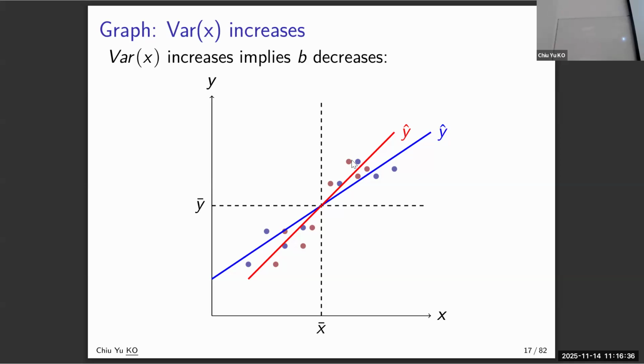So the variance of X is smaller. But the variance of the blue dots is larger, right? Same Y, but X is different. So actually it is flatter. Comparing red and blue, an increase in variance of X reduces B. The further away the X values are, the flatter the slope will be.